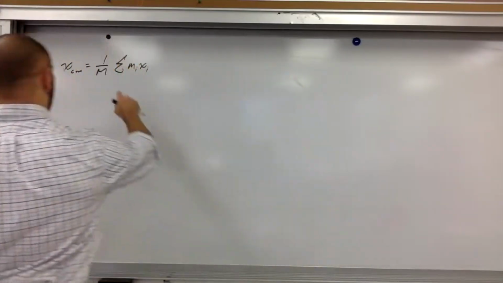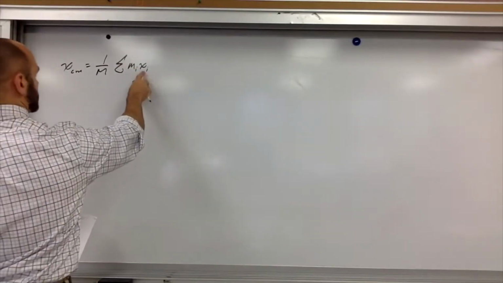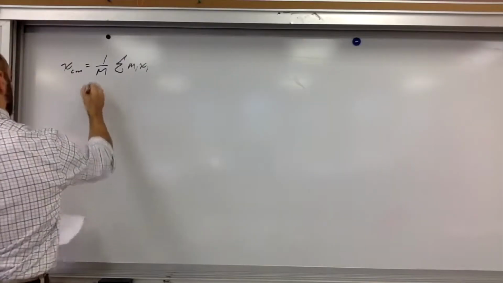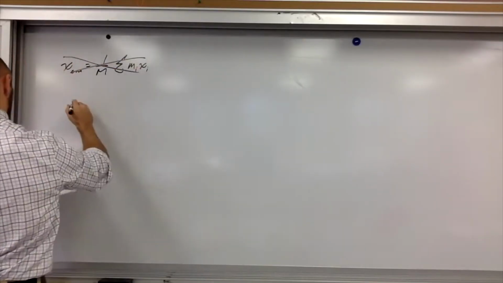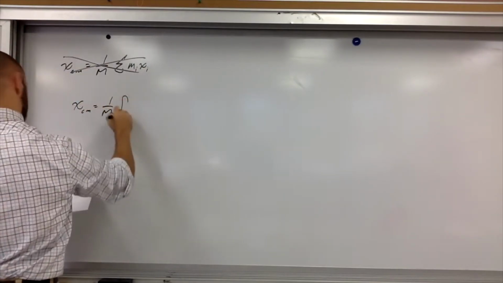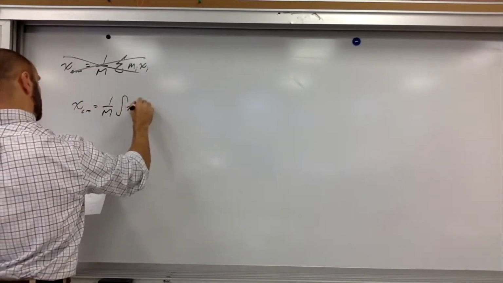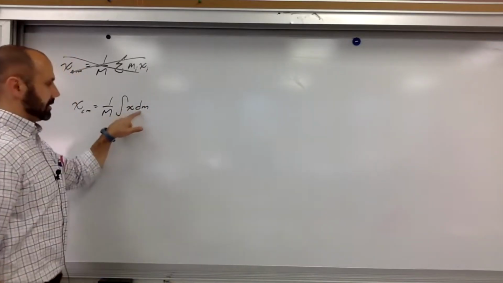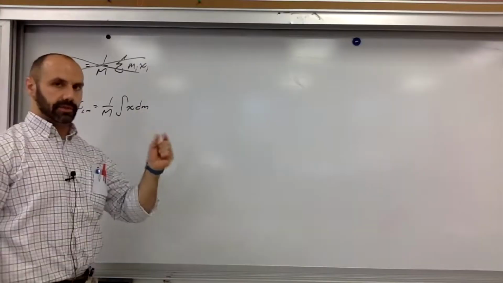So we imagine that this is getting closer and closer to 0. And what we end up with now, our new formulas, look something like this. We're multiplying the position by that tiny little piece of mass.